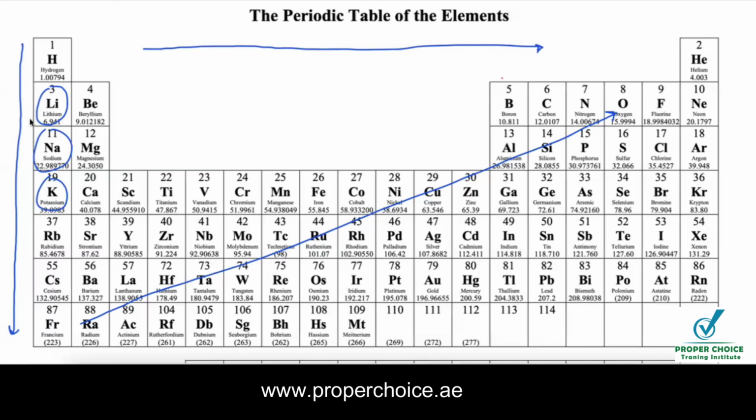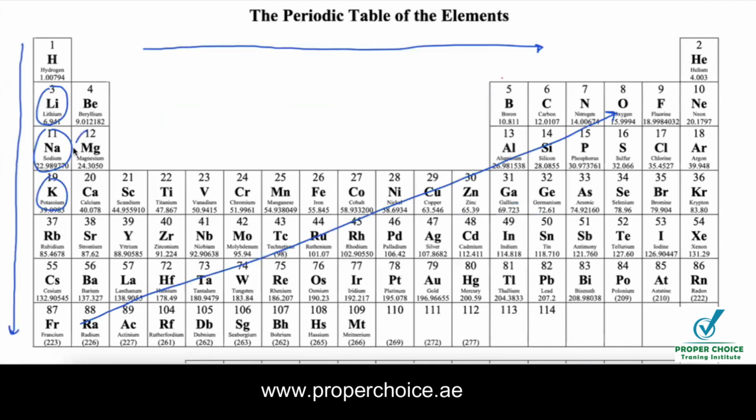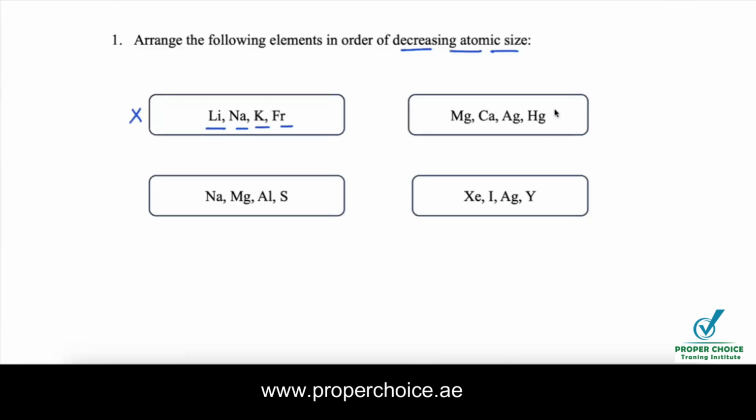As I already mentioned, as we go from top to bottom in the same group, atomic size increases, but we are asked to arrange in decreasing atomic size, which is wrong. Similarly, let's go here: magnesium, calcium, silver, and mercury. Where are they located? Mg here, calcium here, Ag, so again they are going downwards. Atomic size increases, but this option is also not true.